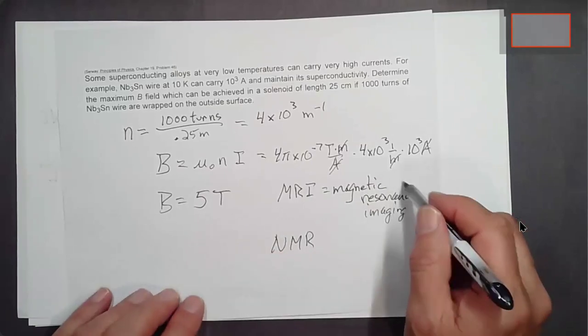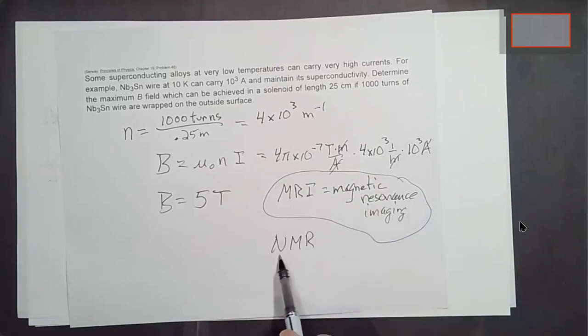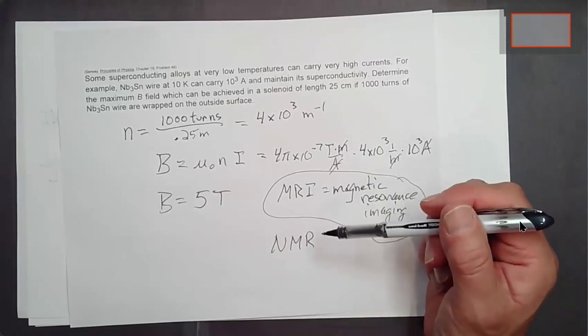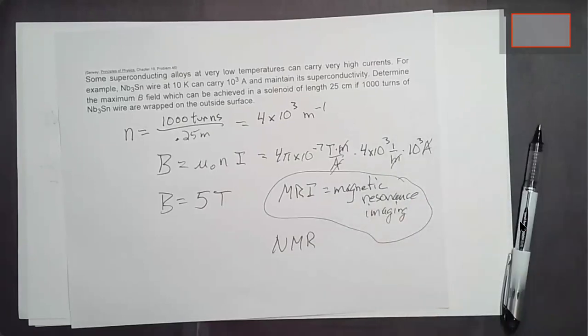And when they started using it for a medical diagnostic technique, people didn't like the nuclear in the name, so they changed it to MRI. But it's the same thing. They have a magnetic field that oscillates at a particular frequency, and some of the nuclei in your body, I think it's the hydrogen atoms, respond to that frequency, and so they can map out stuff in your body pretty well with those.